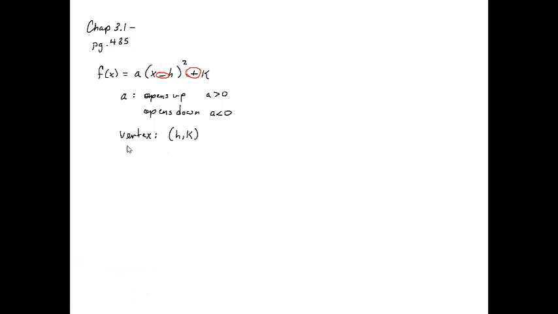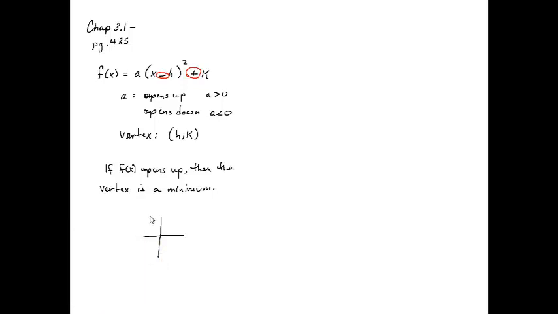Now if my parabola opens up, so if f of x opens up, then the vertex is a minimum. Try to picture that with the x squared graph.